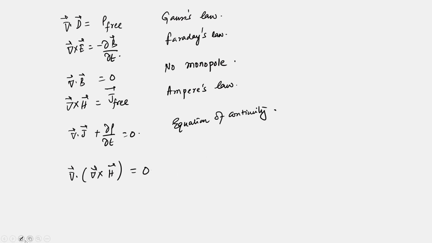So, there is an inconsistency, because divergence of J, whether free or not, is not equal to 0, especially when the charge density varies with time. So how to take care of that? These equations tell us that Ampere's law is inconsistent for time varying fields.